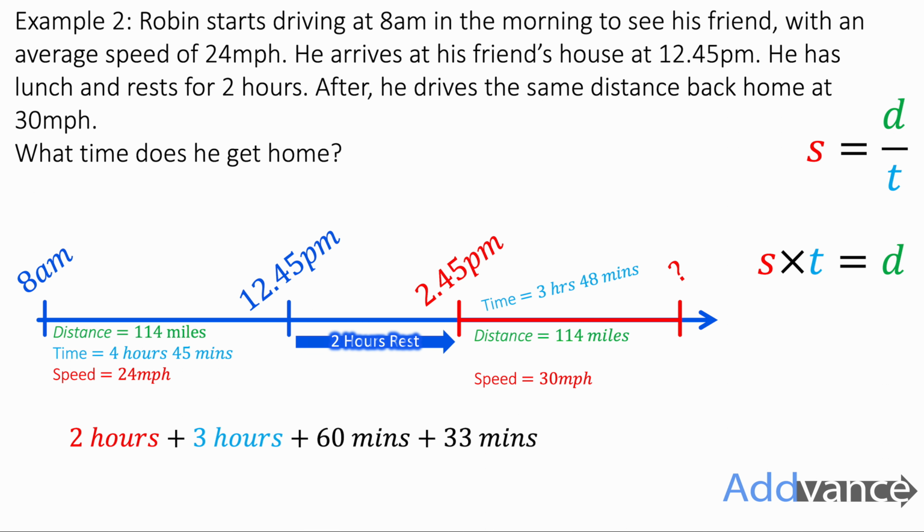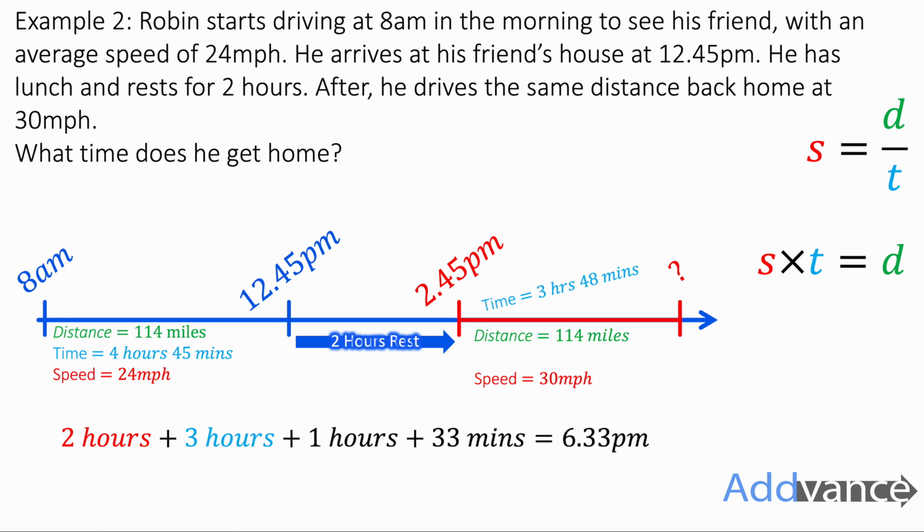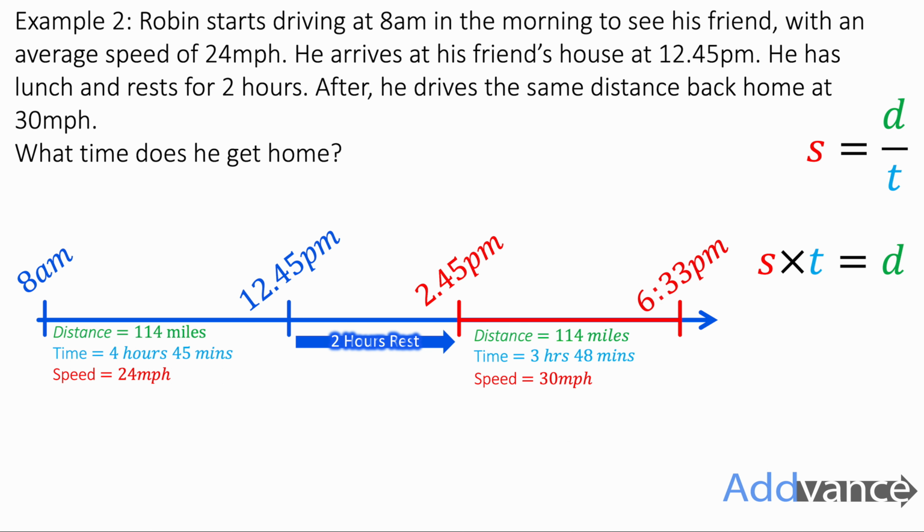So we've got 2 hours, 3 hours and 60 minutes, and then we've got an extra 33 minutes. Those 2 hours plus 3 hours plus 1 hour will get you to 6 o'clock, and then you've got 33 minutes, so we get 6:33 p.m. And so he arrives home at 6:33 p.m. in the evening. And that's the final answer. We have finished the question.